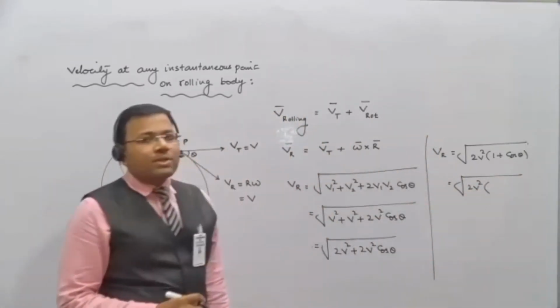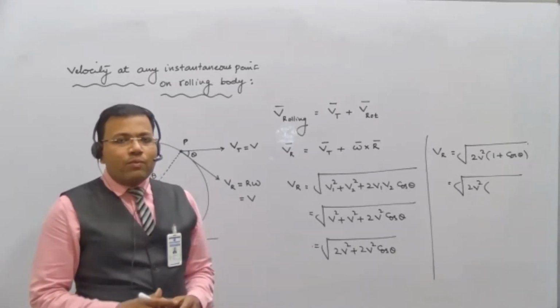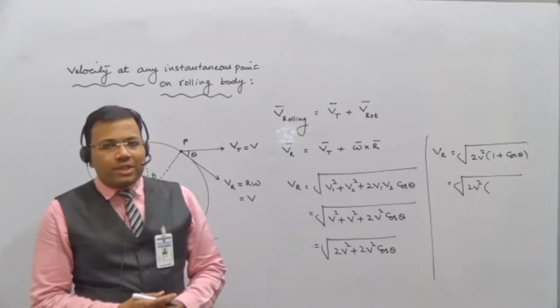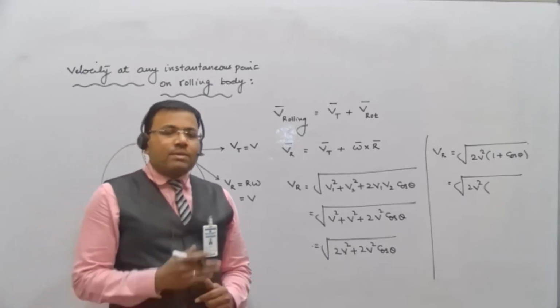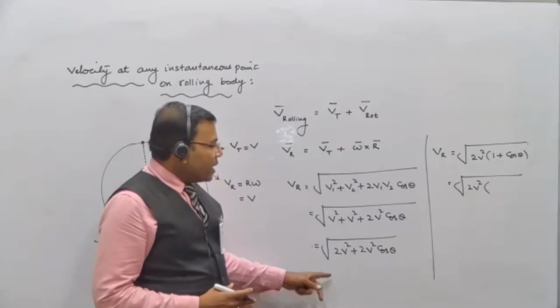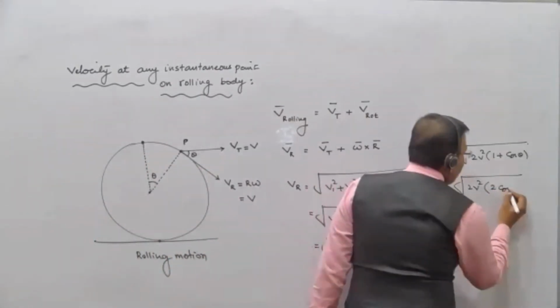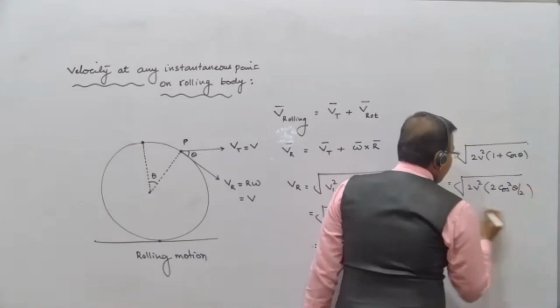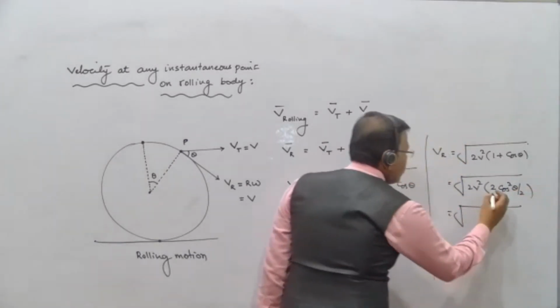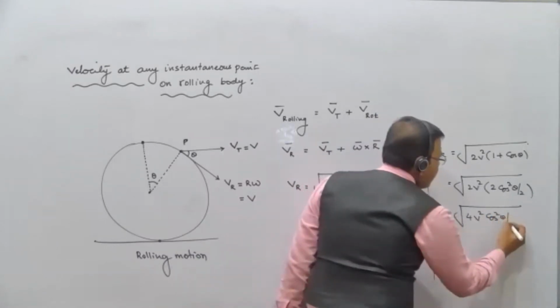What is this 1 plus cos theta? I have already given you 1 plus cos theta and 1 minus cos theta. 1 plus cos theta is 2 cos square theta by 2, and 1 minus cos theta is 2 sin square theta by 2. But here we are taking the help of 1 plus cos theta, so it will be 2 cos square theta by 2. So simplify it: 2 into 2 is 4, this is v square and cos square theta by 2.